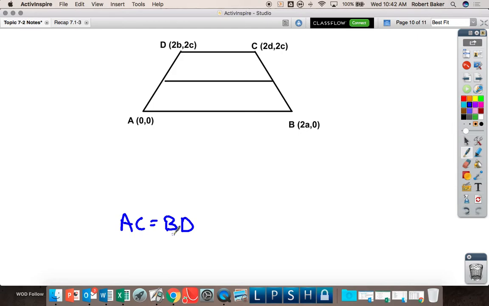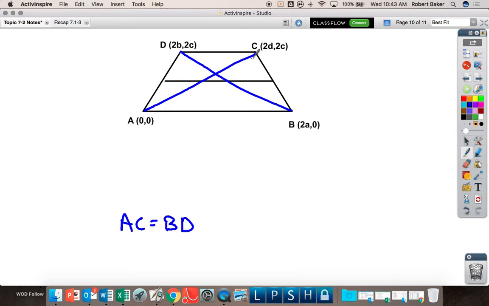So how many times do you have to use the distance formula? Twice. You have to find out what is the length of this one and what is the length of this one. You have to prove that those two blue lines are exactly the same length. So I think I was trying too hard earlier, and we can probably stop this a little sooner than actually solving the whole distance formula.